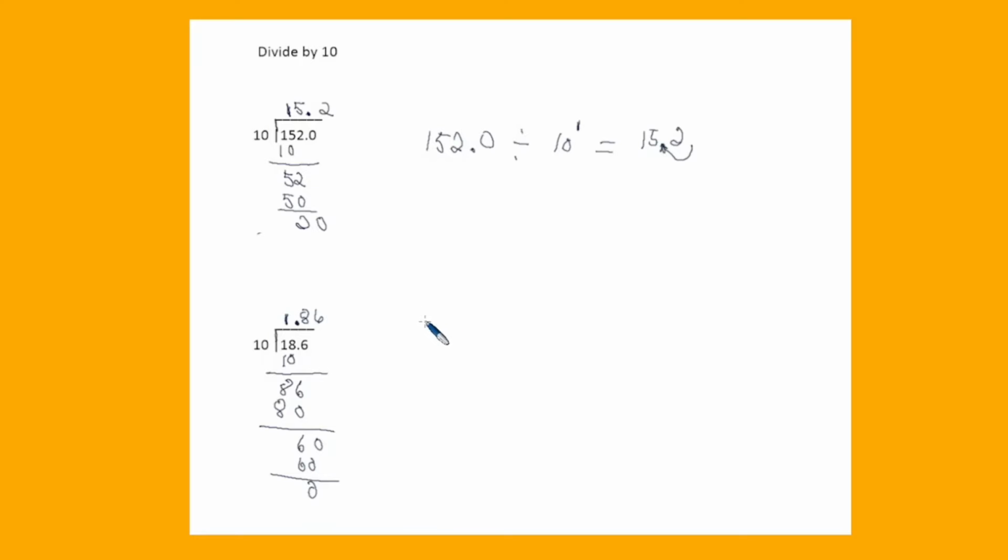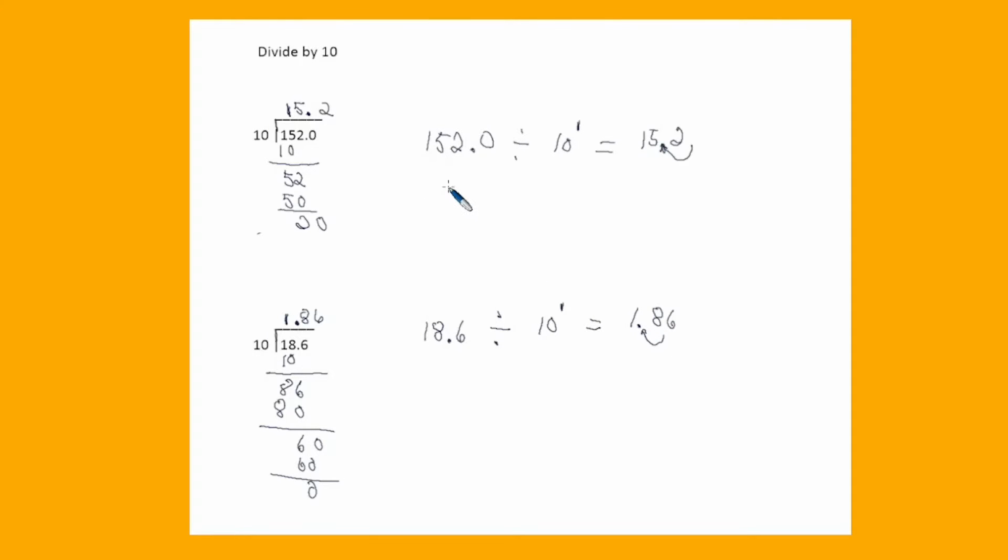So if I did the same thing here and said 18.6 divided by 10 to the first power is going to equal 1.86. And here again, the decimal point moved one place to the left.